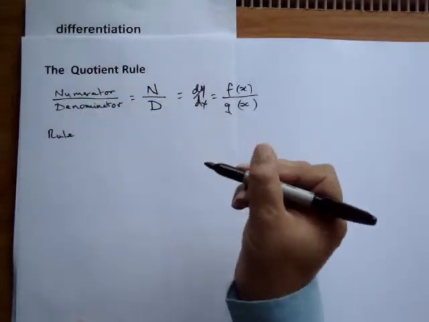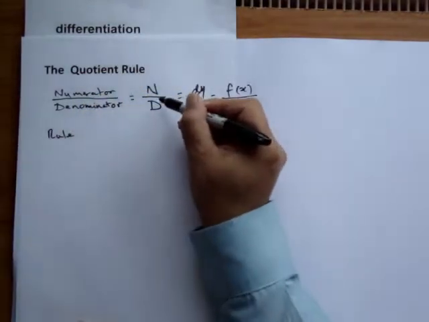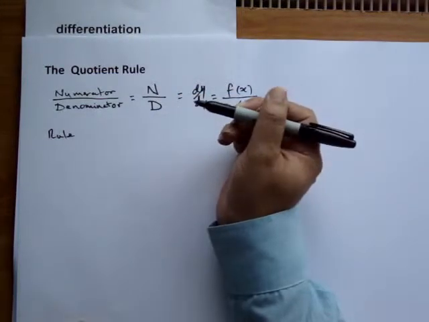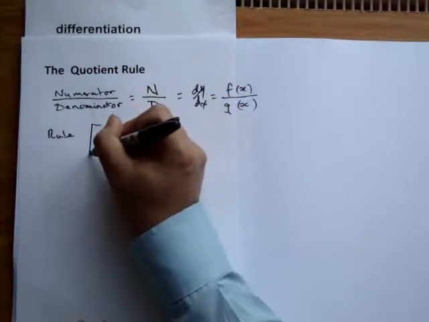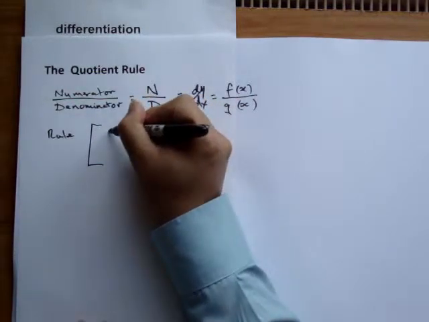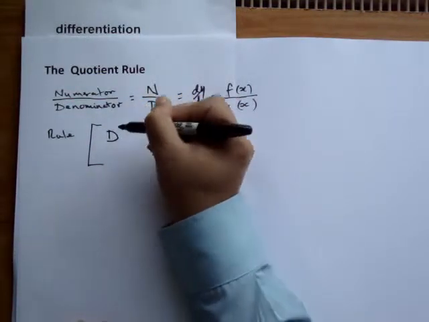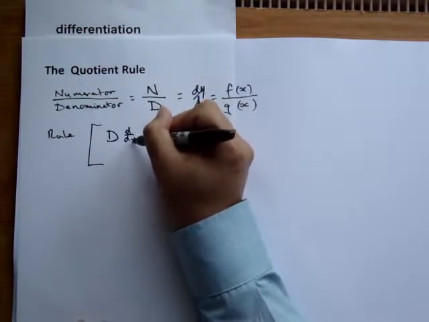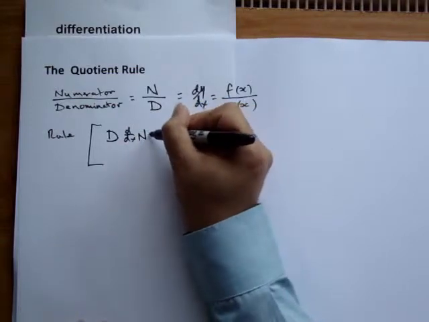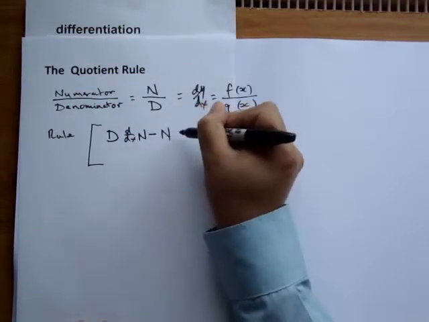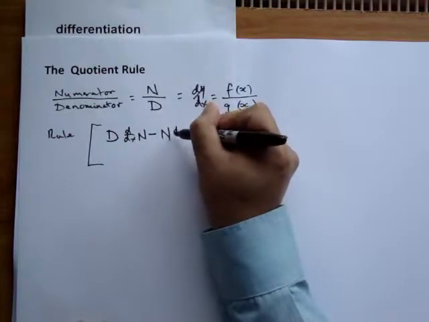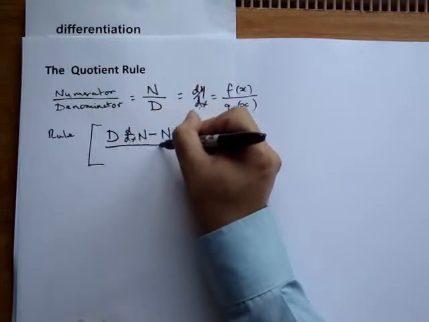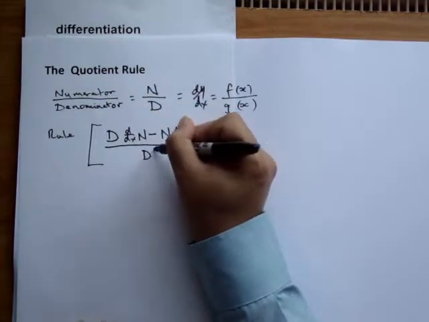This is what we use, and basically if we use this terminology with n as the numerator and d as the denominator, the quotient rule says we take the denominator times the derivative of the numerator, minus the numerator multiplied by the derivative of the denominator, all over the denominator squared.